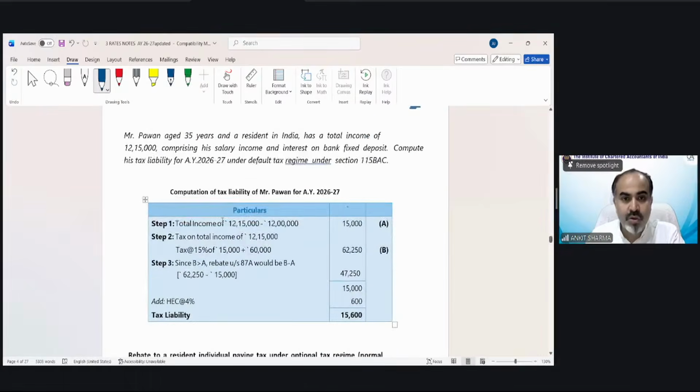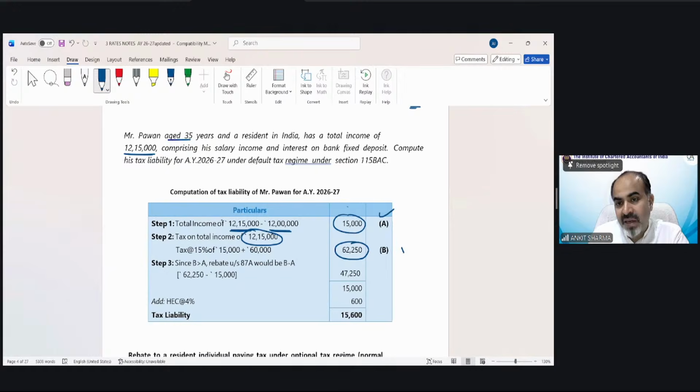There's a question over here. Mr. Pawan, age 35, resident, total income 12 lakh 15,000. You can see 12 lakh 15,000 is less than 12 lakh 70,580, so rebate would be applicable. Step number 1, income minus 12 lakh. A: calculate tax on 12 lakh 15,000. The tax is 62,250.